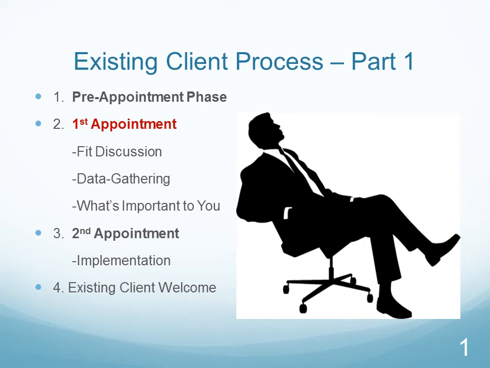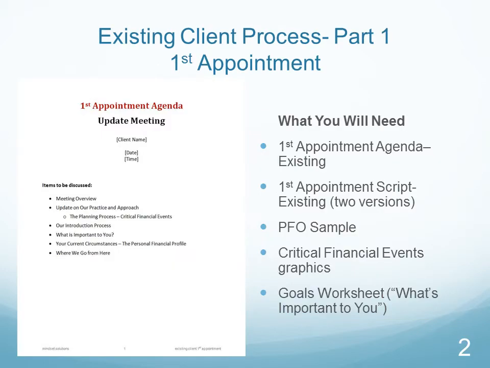The entire existing client process consists of four parts: the pre-appointment, the first appointment, the second appointment, and the existing client welcome. We're going to look at the first appointment in this strategy. The first appointment in the existing client process, or the rebranding, is an agenda-driven meeting, and it's a hybrid of the first appointment and the second appointment that we've already covered in detail in the new client process.